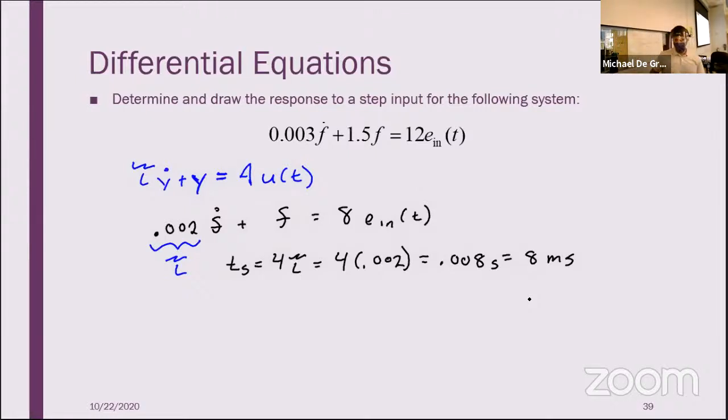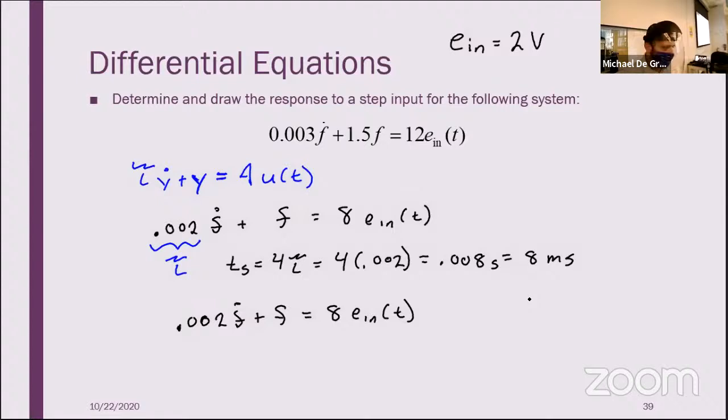All right, anyway, so we've got the settling time. The last part is we need the steady state response. Looking at our equation again: 0.002 F dot plus F is equal to 8 En of T. Remember from our diagram before, En is a step input of 2 volts.